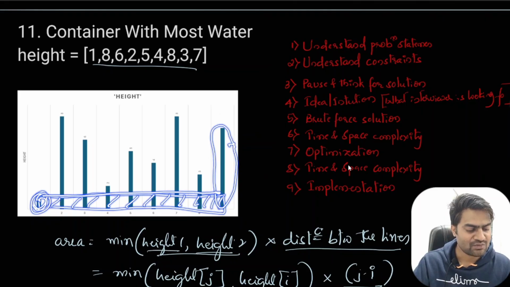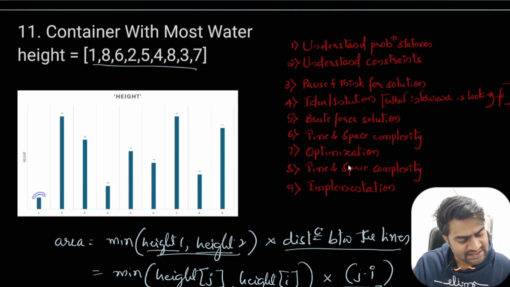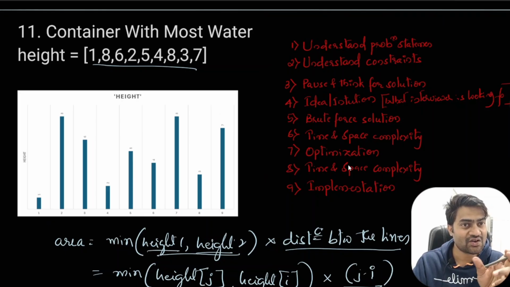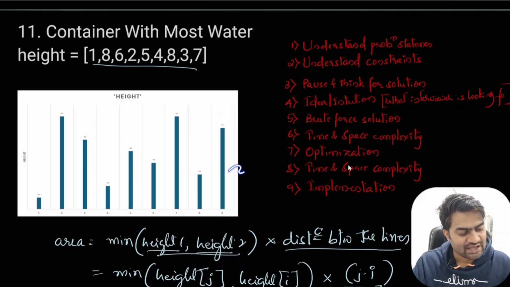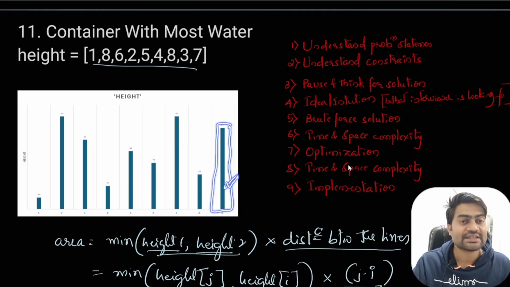Now if I consider this line only, and I want to shrink the size of the array, is it a good idea to eliminate this larger height or eliminate this smaller height?